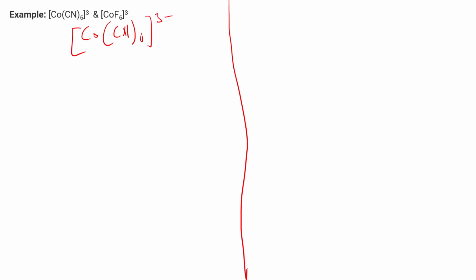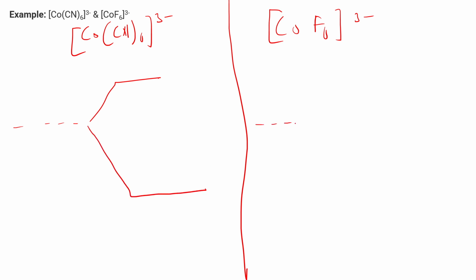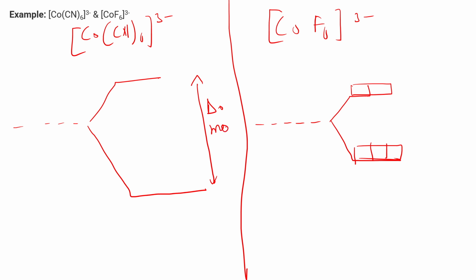In cobalt cyanide 6 and cobalt F6 3 minus, the splitting will be like this. Here the splitting is like this. So where is delta naught more? In the case here, delta naught is more.